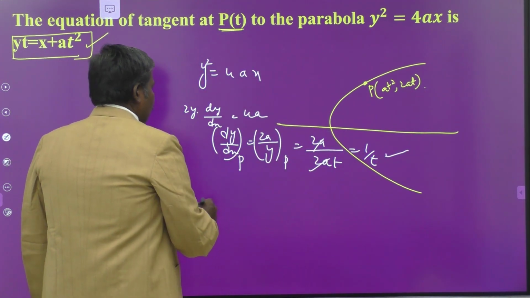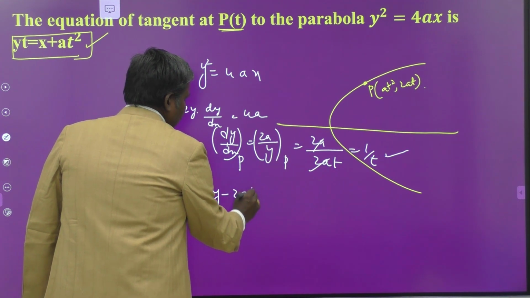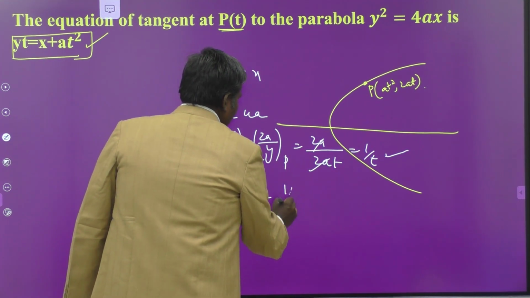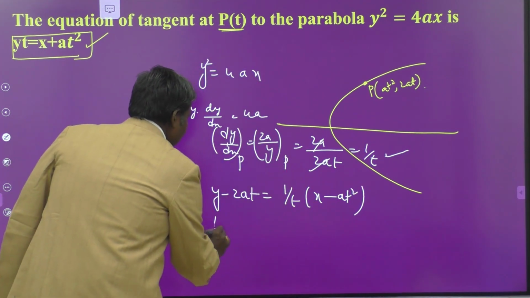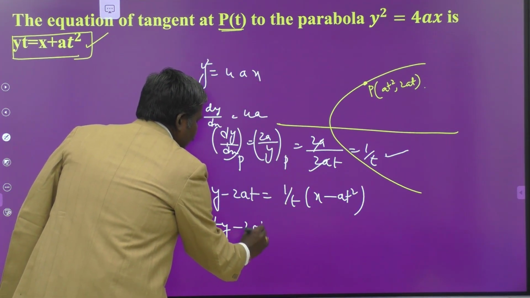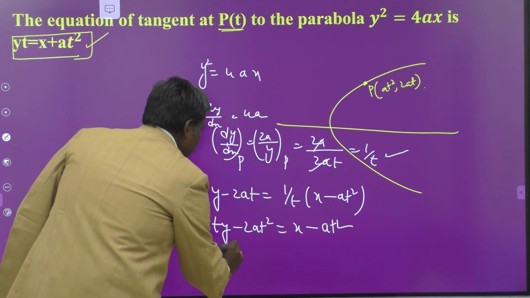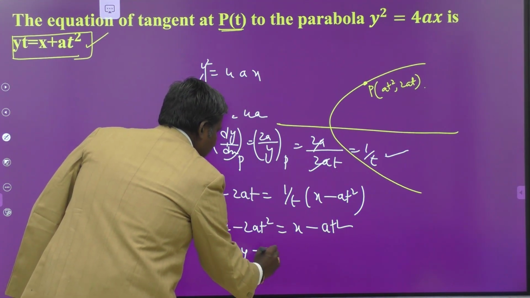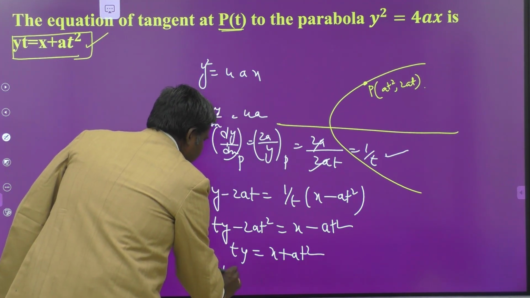You know the point, you know the slope. Therefore the equation of the tangent is y - 2at = (1/t)(x - at²). On simplifying, ty - 2at² = x - at². So ty = x + at², or yt = x + at².